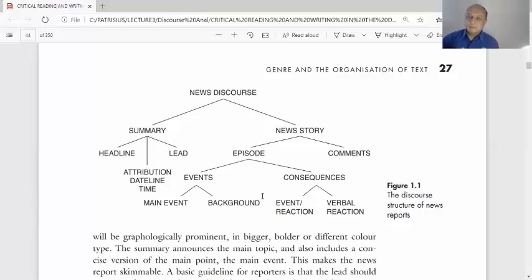That's inductive. But in deductive, the writer or the sender presents the most important point first, as in the news. In the news, the main event is usually presented first, and therefore it is deductive.